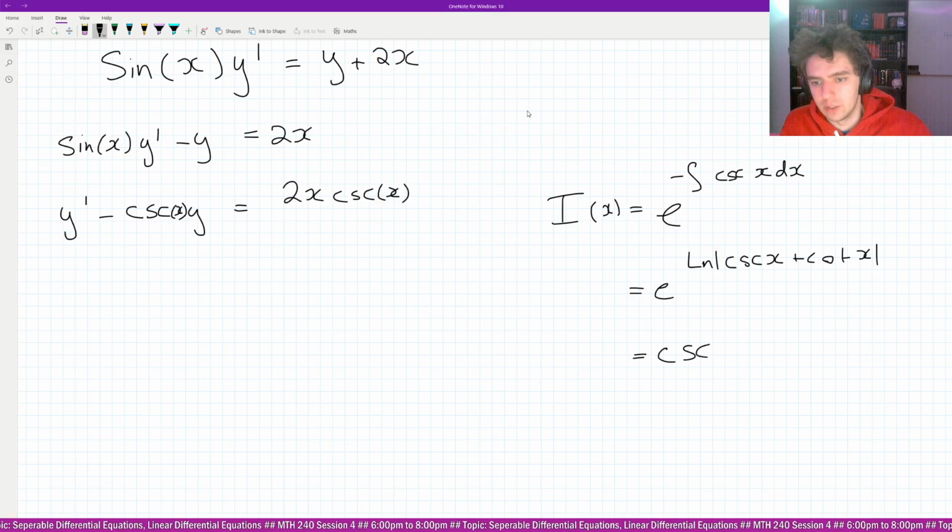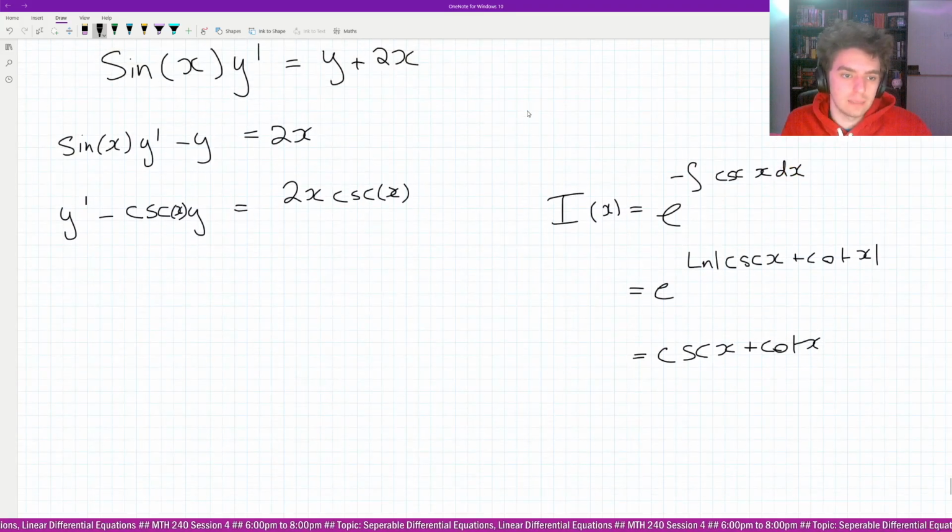So then this is just going to be, and again we can forget about the absolute values because it's e to some power. So cosecant x plus cotan x. That's our integrating factor. So multiply both sides by it.